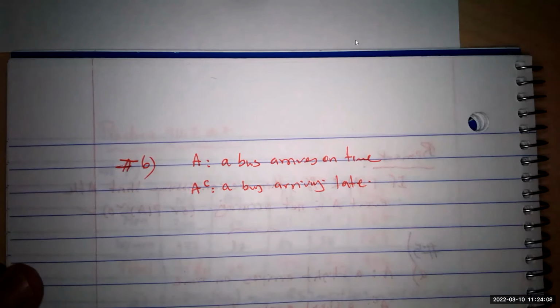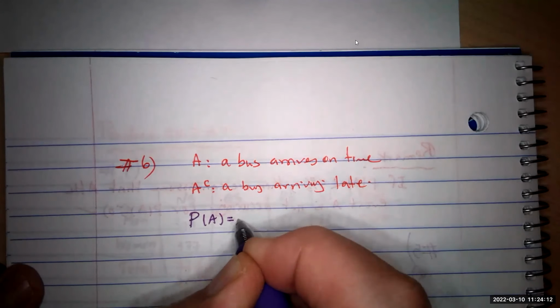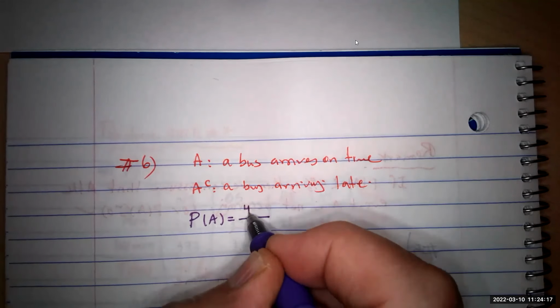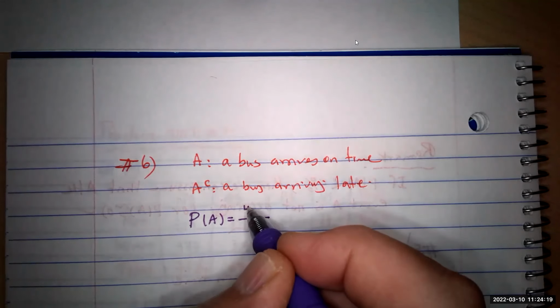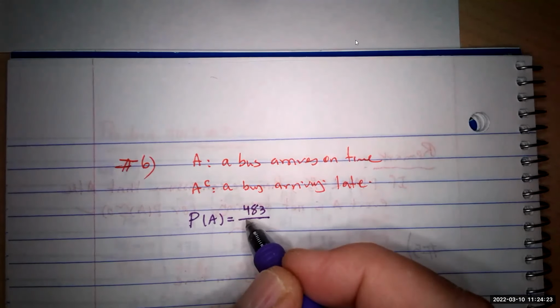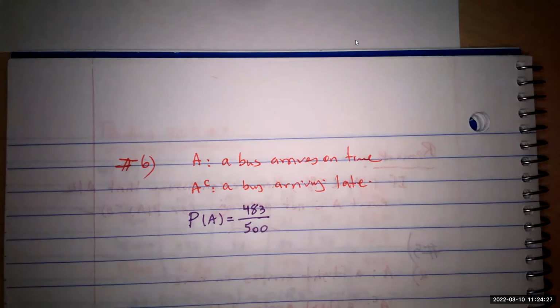Then the probability of on time: the total number that we consider on time, we get 483. Okay, 483 out of what? Out of 500. This is the number of buses that we checked.